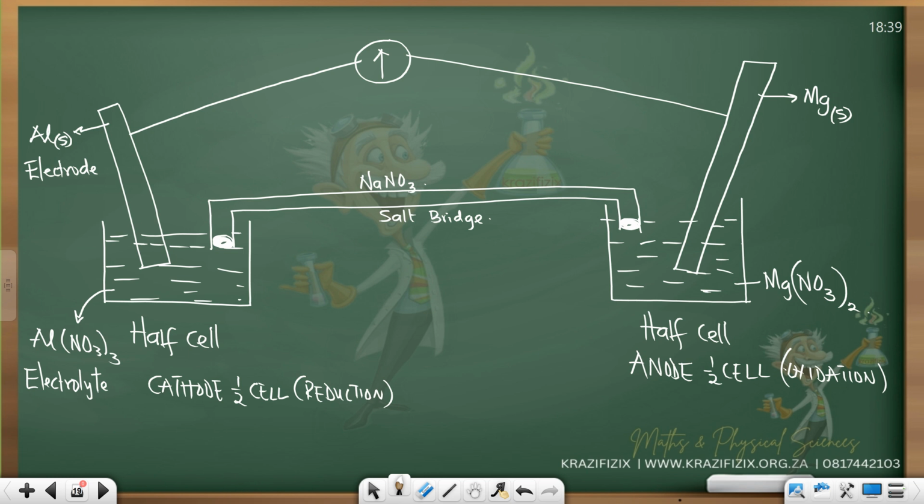Can we write the half reaction? The half reaction that occurs at the half cell. This is magnesium. Half reaction will be what? Mg solid is oxidized. You remember my reaction, right? You remember how to write this. Mg2+ plus 2e. What will happen here?